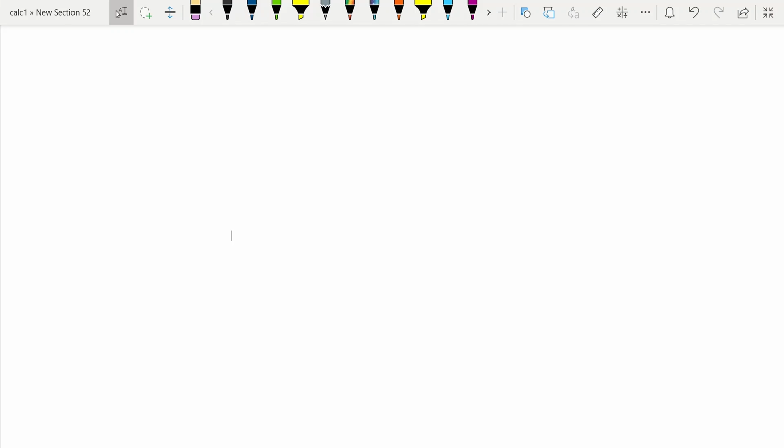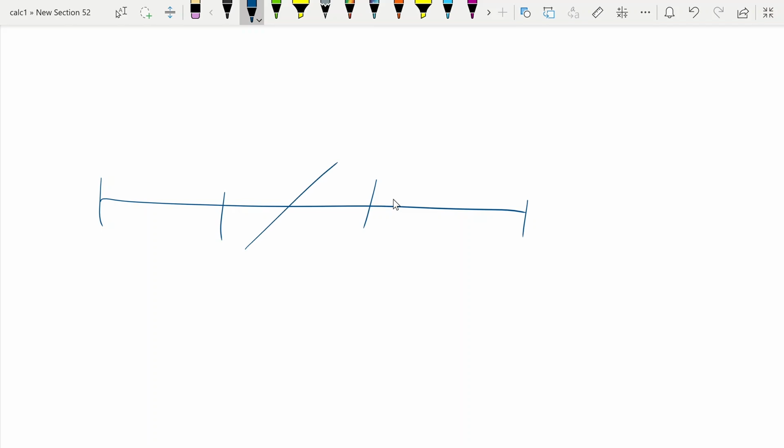The construction of the Cantor set is an infinite intersection of closed sets where you remove the middle third. So you have the interval [0, 1]. You start by removing this part, then you remove this part and this part, and keep going forever.